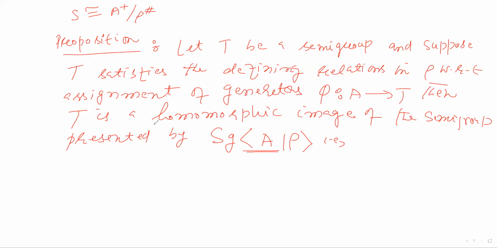So T is the homomorphic image of this. This means that you must have an onto homomorphism, say psi, from A plus over rho sharp to T onto. This is what we claim in this theorem. Okay, so let us see.